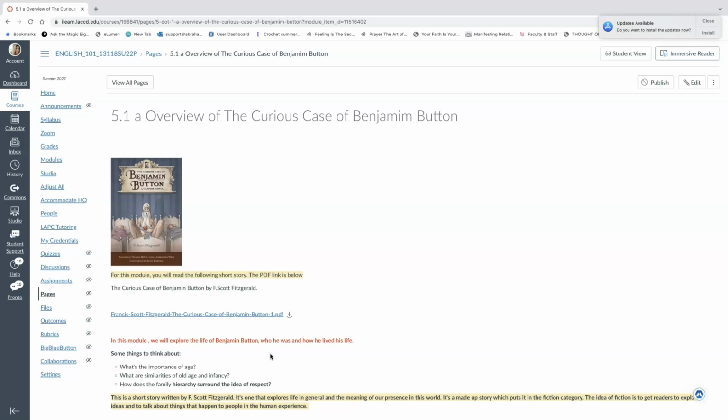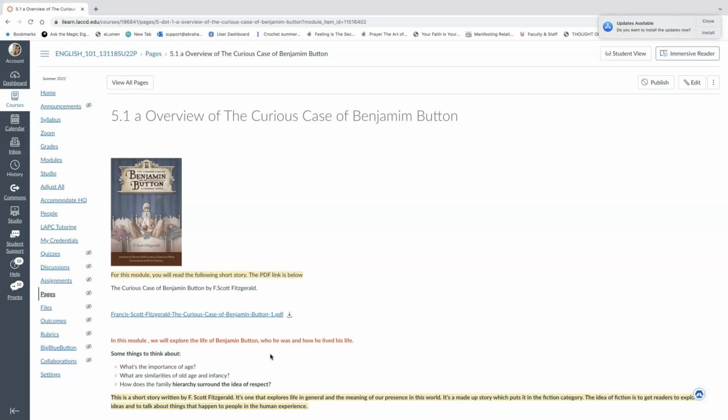We respect our grandparents because the grandparents look older. So the idea is that they've lived a longer life, and that's something that resonates with us. However, what if your grandfather looked younger than you? And this is what's happening in this story with Benjamin Button.